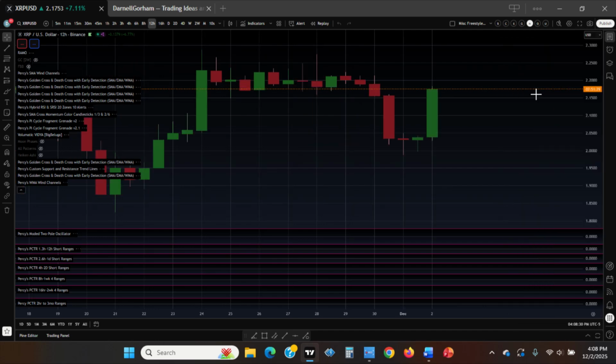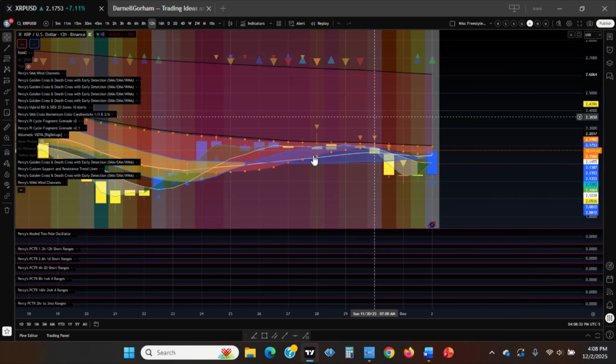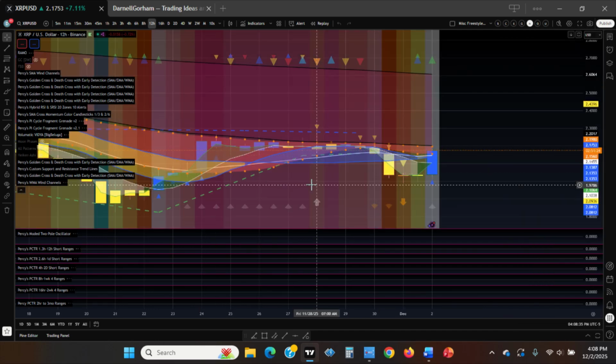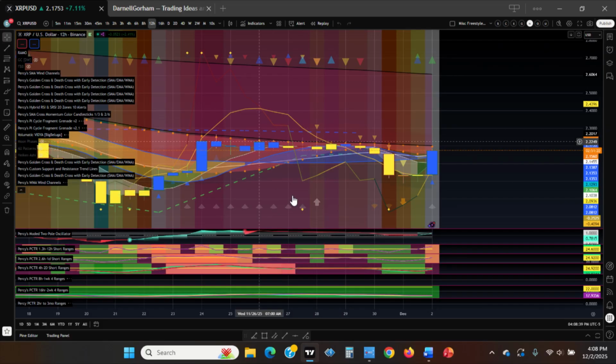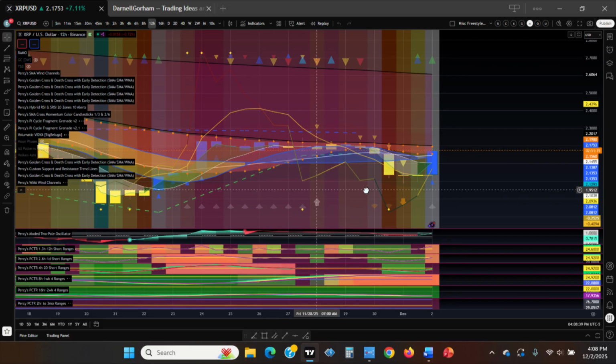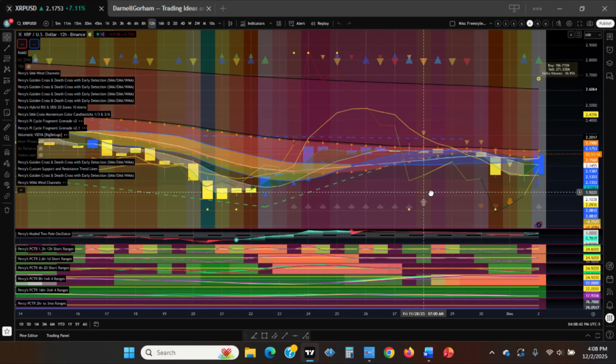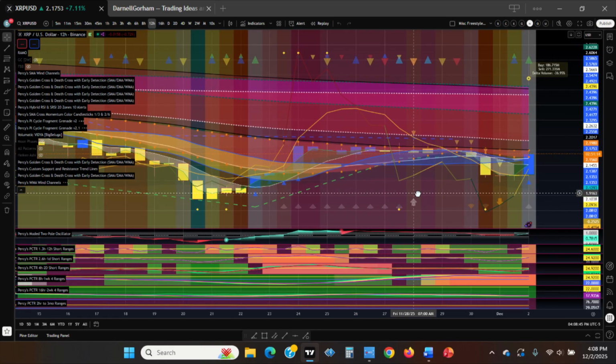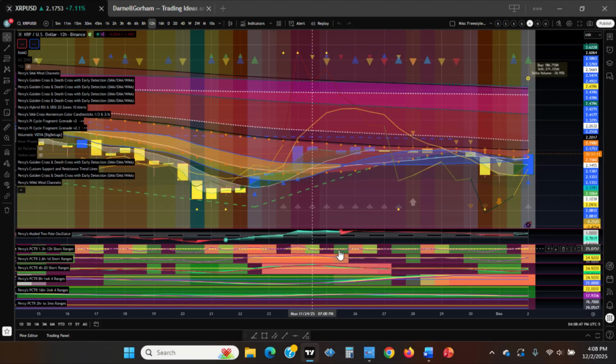All right, let this load all of the beautiful indicators here. It actually says XRP. That's fine. If it doesn't flip to Bonk, we'll stay on XRP. 12-hour chart, 12-hour Pi cycle top in action.